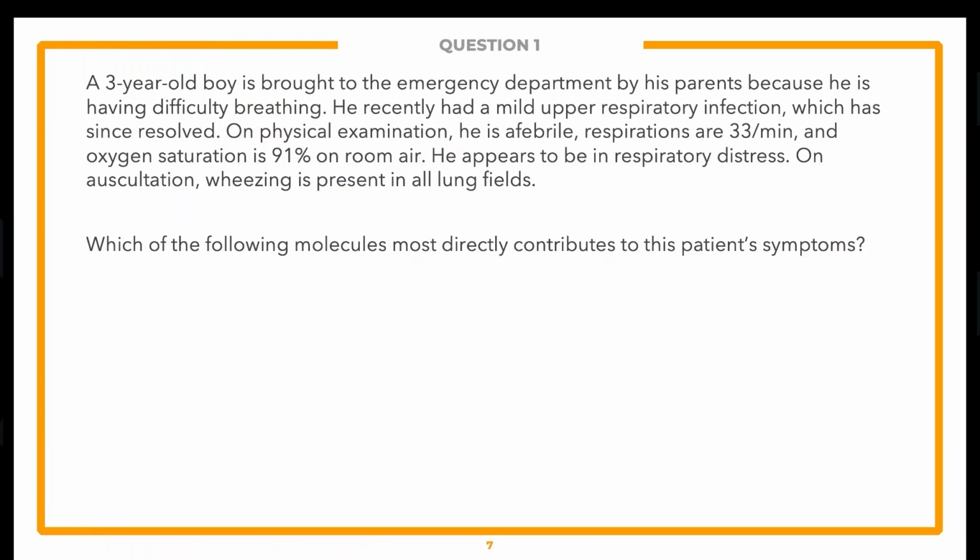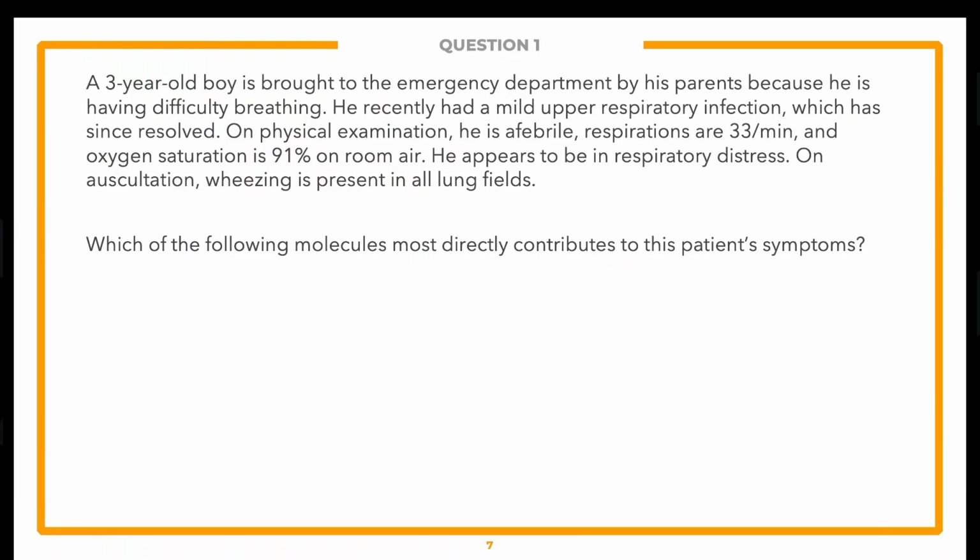You've got a way to steer through this question. Okay, so with that, let's go ahead and read the vignette. A 3-year-old boy is brought to the emergency department by his parents because he is having difficulty breathing. He recently had a mild upper respiratory infection, which has since resolved. On physical examination, he is afebrile, respirations are 33, and oxygen saturation is 91% on room air.